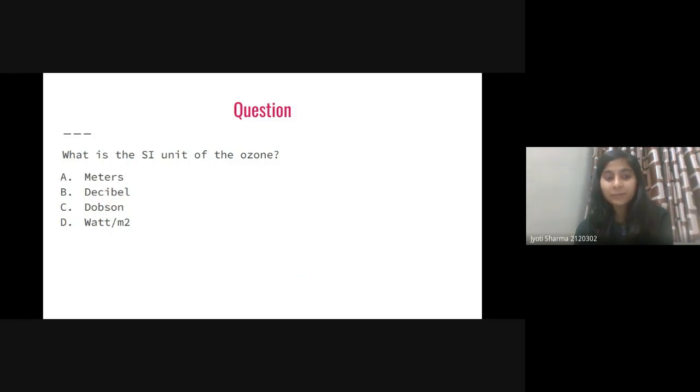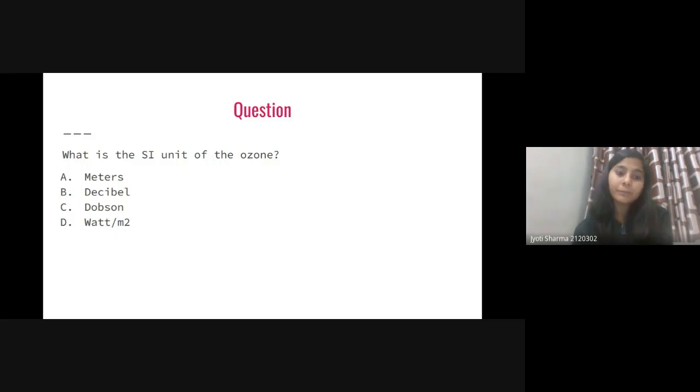You can try. You can cancel out some of the options, and then you can get at least one or two. Rashmi gave me A. Okay. Alka gave me answer C. Okay. Actually, the answer is C, that is the Dobson. But I will not say that meter is also wrong.